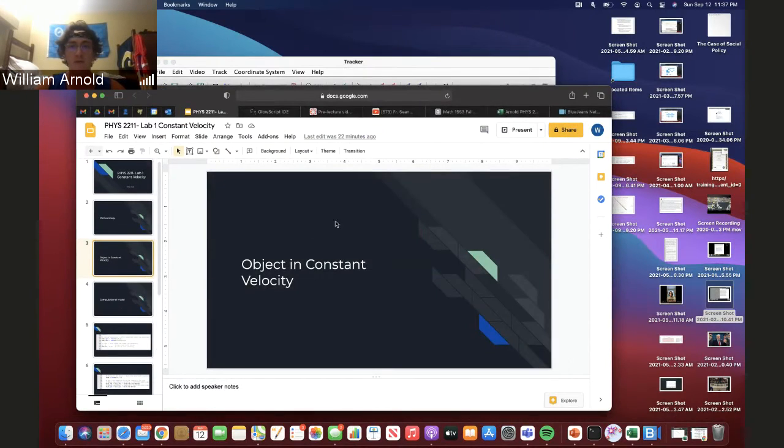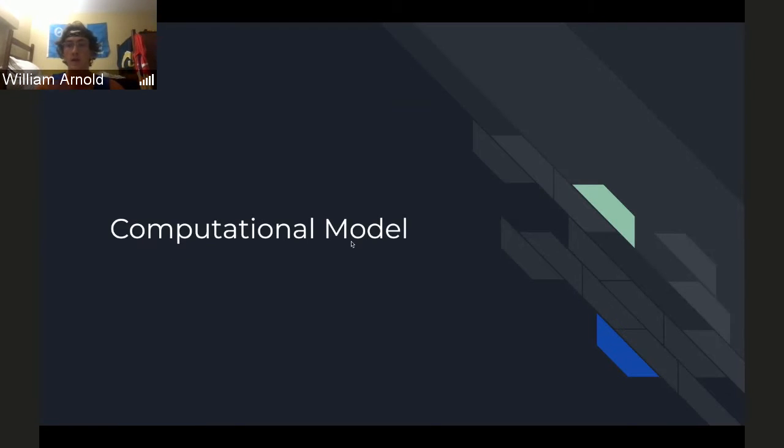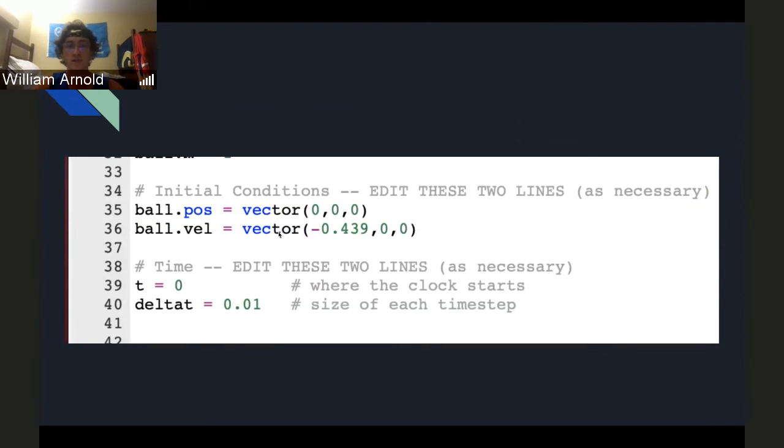So after obtaining this data, I went and designed a computational model using some assumptions that I obtained from this tracker data. So as we can see here, this is the initial velocity and position for the water bottle. So the initial position was right at zeros all across for the x, y, and z component.